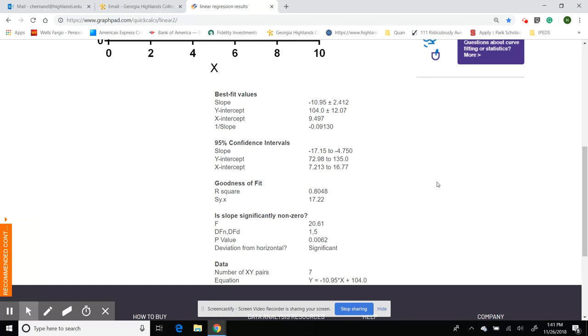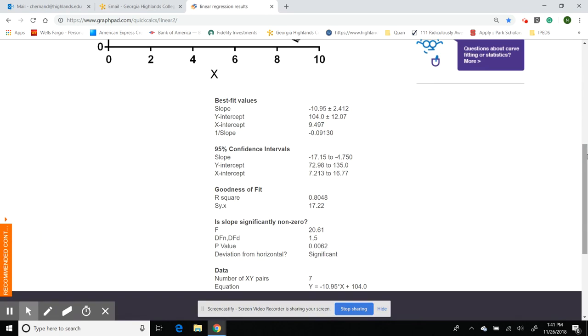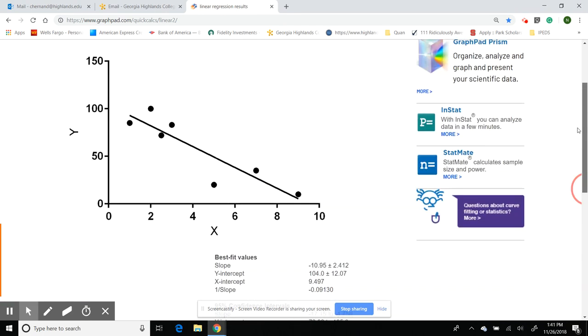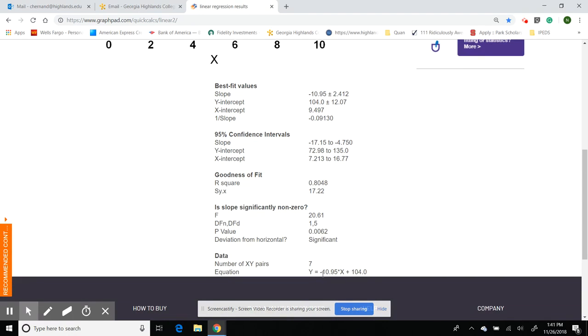Well, that's great, but that's a positive number when clearly it has a negative slope and there's a negative correlation. So what I need to do is take that 0.8971 that I got from the square root and make that negative. Again, I can verify it based on the picture and because there's a negative slope here.